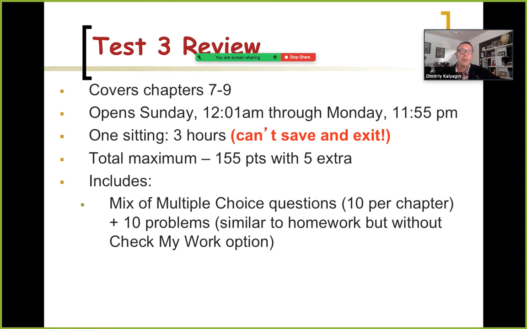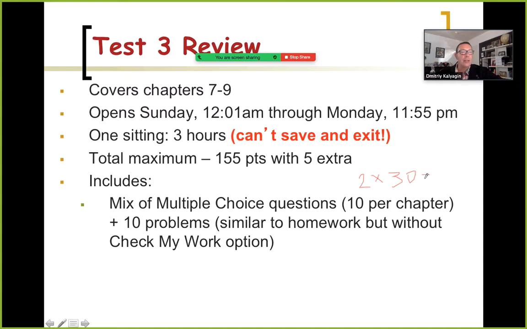As I mentioned before, the test covers chapters 7, 8, and 9, and it has a mixture of multiple choice questions, 30 multiple choice questions with 10 questions per chapter, and each multiple choice is worth 2 points. Multiplied by 30 questions, that gives you 60 points.